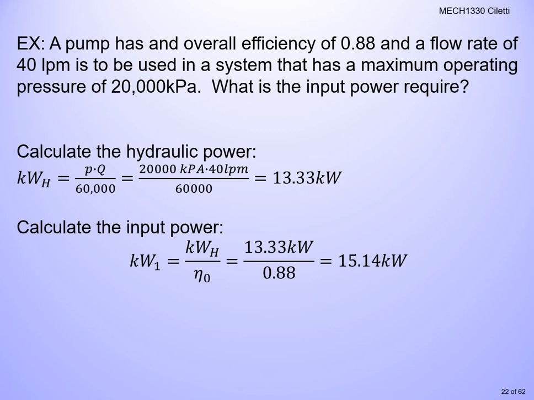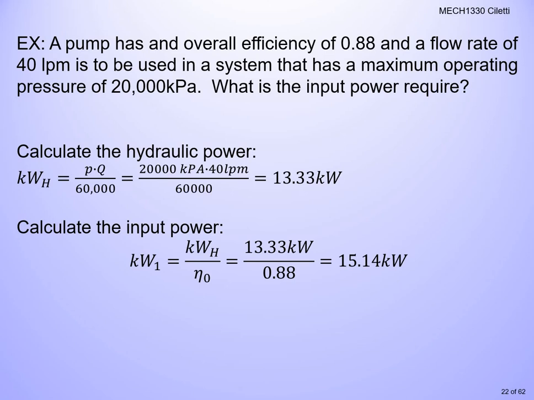And this is important when you do designs maybe later on in the future, because you know what you want out of a system and you know how efficient that system needs to be. Based on what you calculate, that's what you actually want to buy for the system to make sure at that efficiency it will do that output for you. So this is an important way to calculate the input power. We're going to take the output power and divide it by the efficiency. Okay, and we're going to get 15.14 kilowatts.